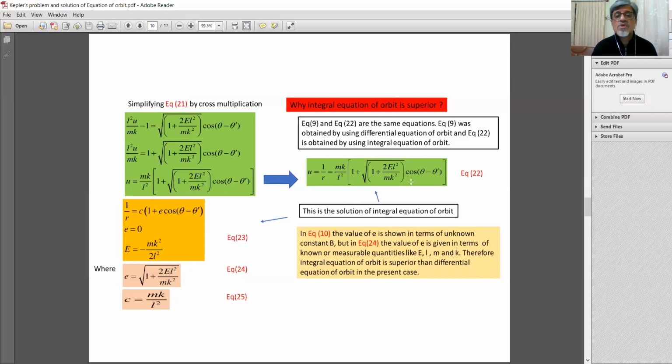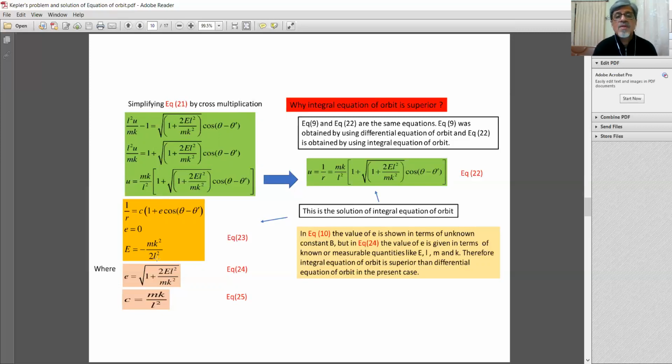Now this solution of the integral equation of orbit can be represented as 1/r = c(1 + e cos(θ − θ')). And if E is equal to 0, it can be represented as −mk²/2L².